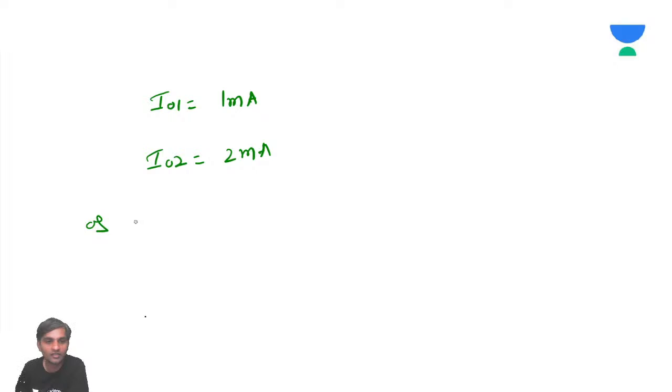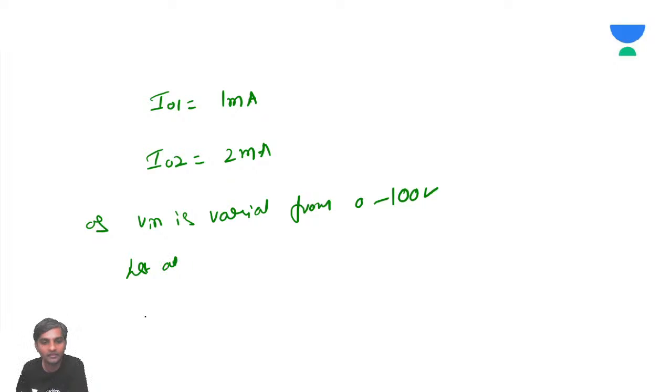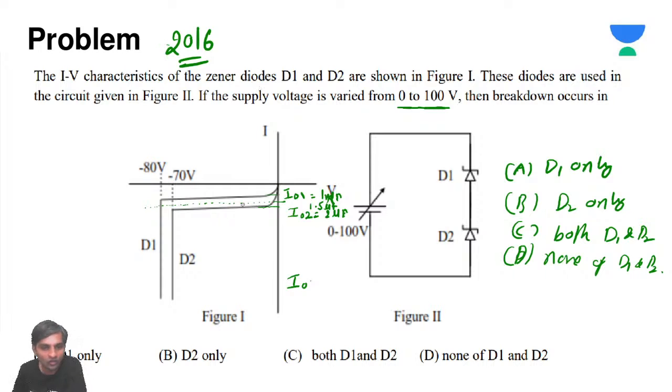So as input is varied from 0 to 100 volts, in between, let I0 be equal to 1.5, we will analyze this. When I0 is going to be 1 milliamp, by this time, what happens, sir?